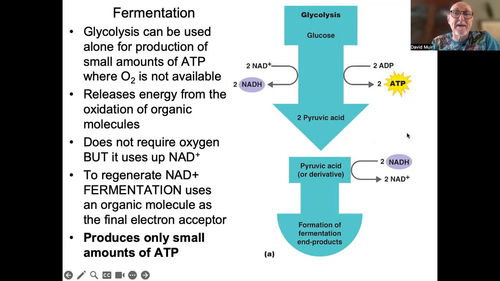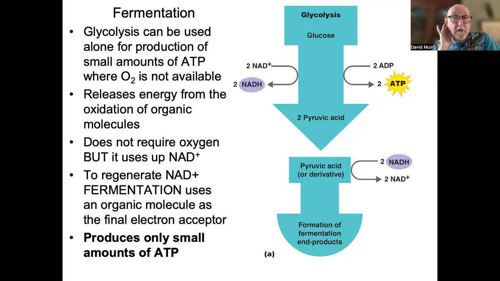You'll remember that our net gain from glycolysis was 2 molecules of ATP. And that is enough for many organisms to proceed with their other metabolic processes. Organisms which operate under these circumstances are referred to as being anaerobic organisms.